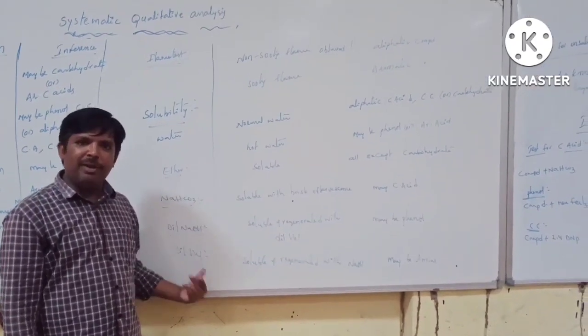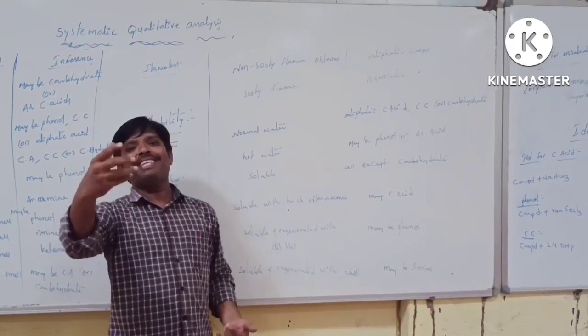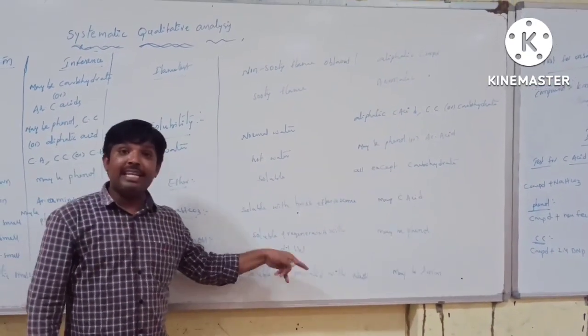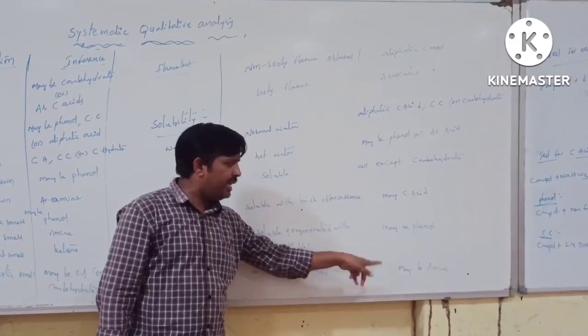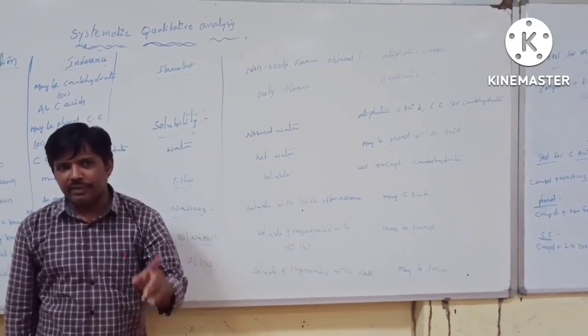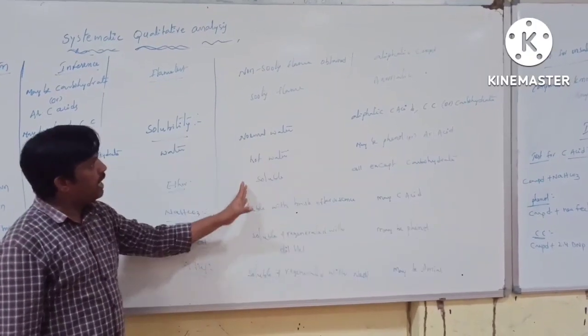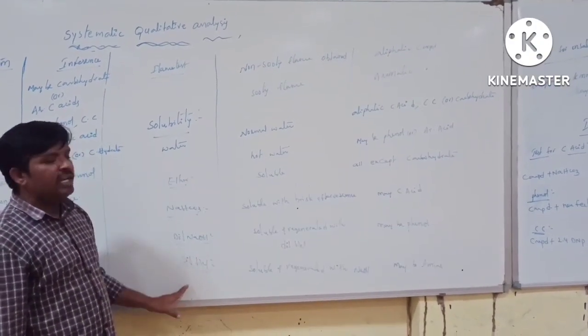It becomes soluble in dilute HCl. Why does it become soluble, sir? Because it is basic in nature. It is soluble in HCl and regenerated with sodium hydroxide, so maybe amines; that is why amines are basic in nature. With the use of solubility you can easily identify the compound.